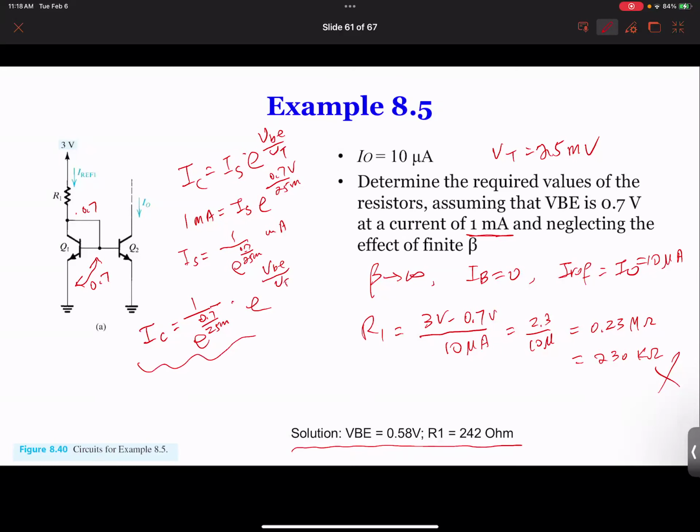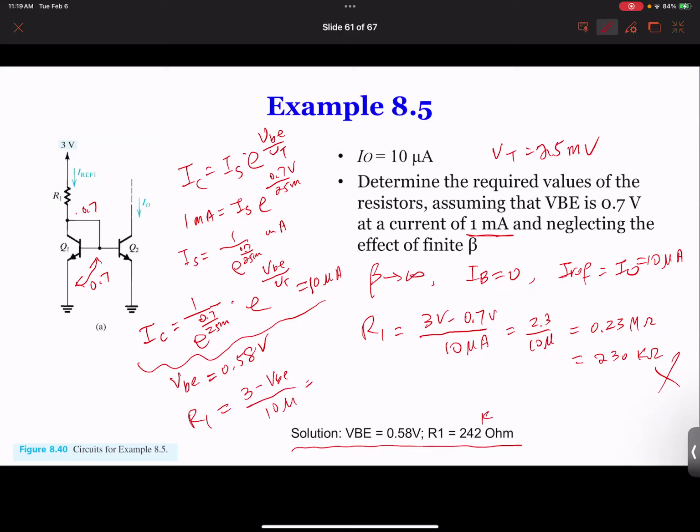So from here, IC is given as 10 microamps, and you can find VBE is actually equal to 0.58 volts instead of the earlier value. So with VBE at 0.58, you have VR1 equal to 3 minus VBE, divided by 10 micro.